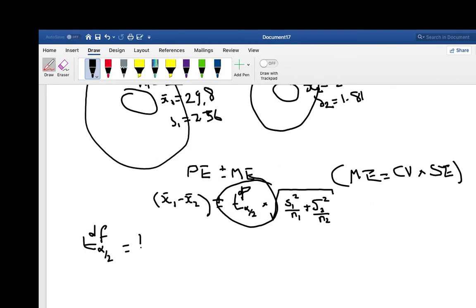So alpha over 2 is t of 5%. This is what we need to work out, t of 5% and a certain number of degrees of freedom. We're going to have to work out the degrees of freedom first, using that horrible formula, before we can do this. The formula for this is, in fact, well, I'll put it in now, it's going to be t dot inverse.